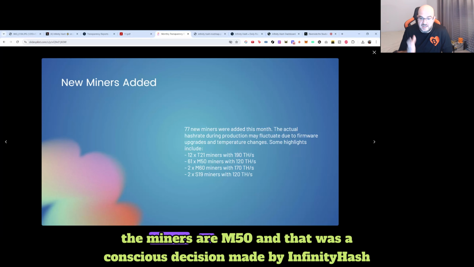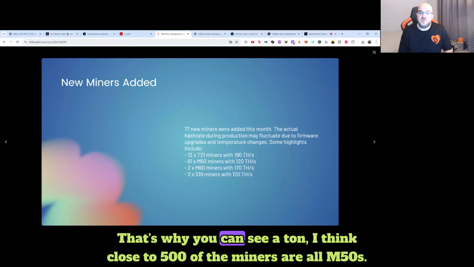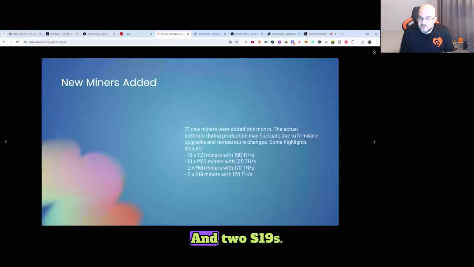That's why the majority of the miners are M50. That was a conscious decision made by Infinity Hash to start with something that we know works. You can see close to 500 of the miners are all M50s. And two M60s, which are 170 terahash, more powerful, the newer model, and two S19s.